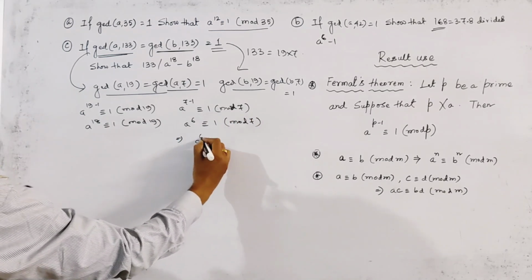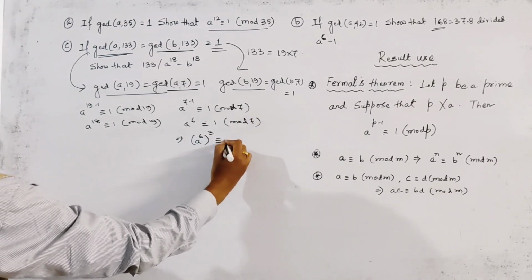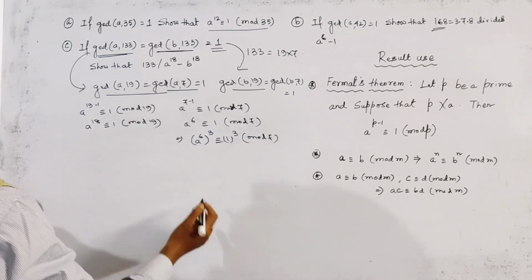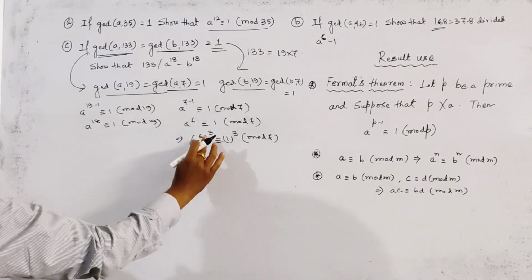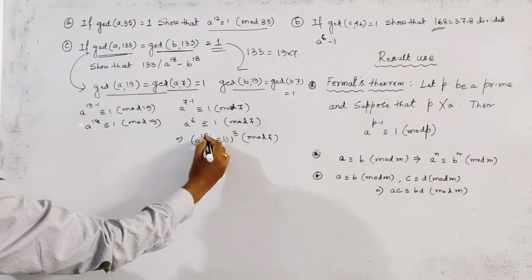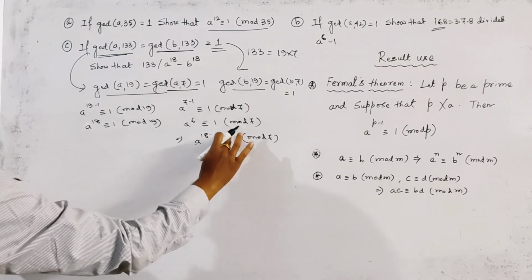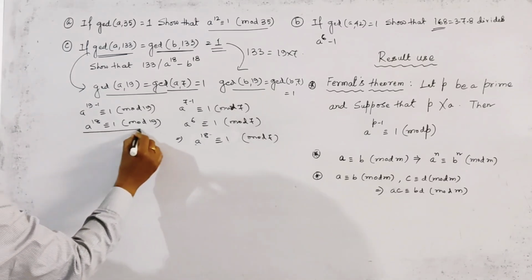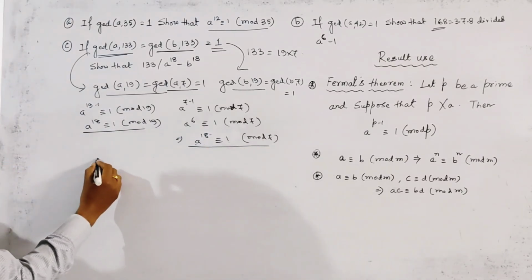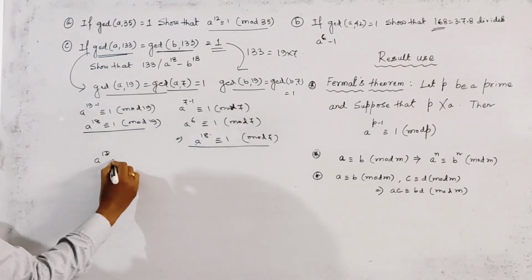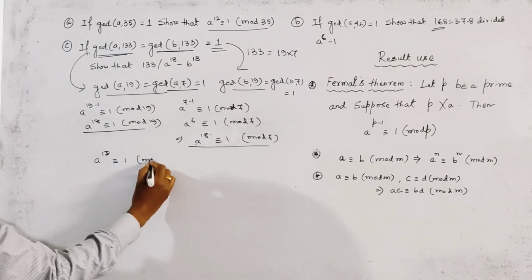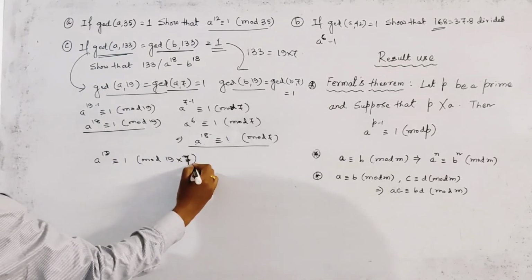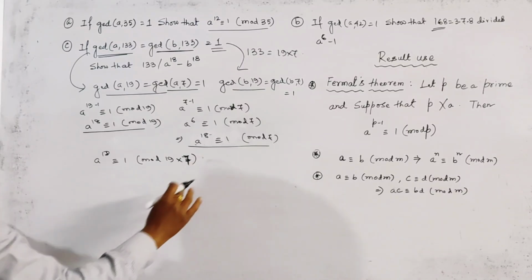So we get a to the power 6 whole to the power 3 congruent to 1 to the power 3 mod 7. This means a to the power 18, and the right side is 1 cube, that is 1. So combining these two results, we get a to the power 18 congruent to 1 mod 19 into 7, and this is mod 133.